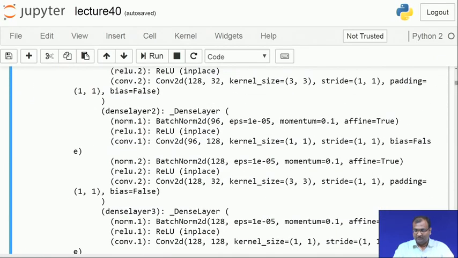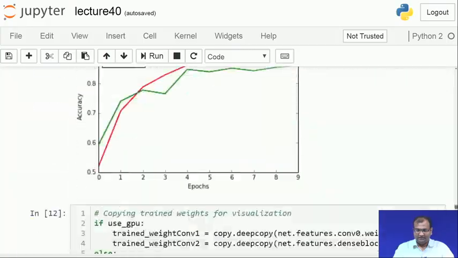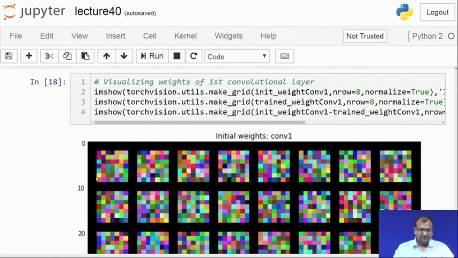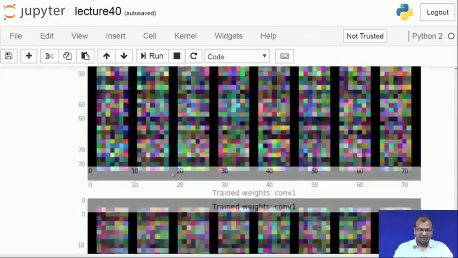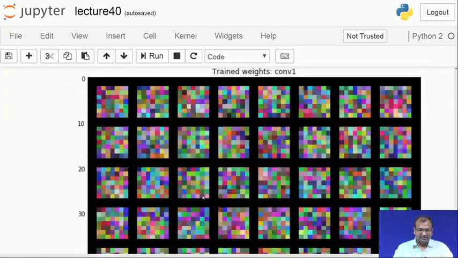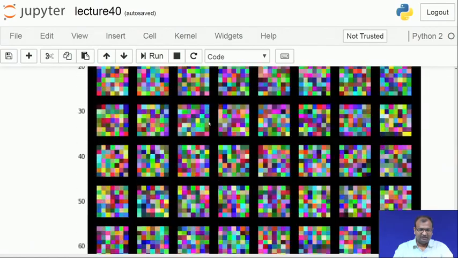So let's get down to visualizing these kernels. These are the nature of the kernels which get learned. Initially, this is the one before training, so they are all random numbers. This is what happens after training, and you would see that the intensity of a lot of these colors has changed, whereas the shade of the color doesn't change.